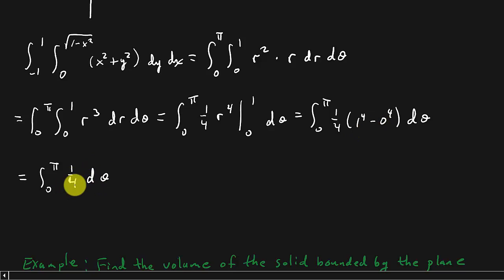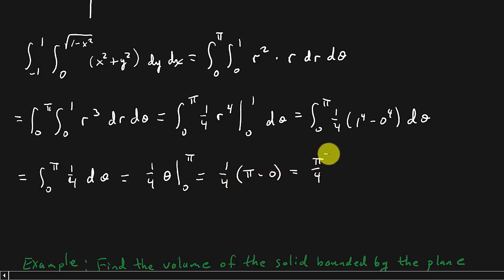See, this right here is just 1, so we're left with just the 1/4. And so we integrate this. That's going to be 1/4 theta from 0 to pi, which is 1/4 times pi minus 0, which is just pi over 4. And there's your answer.